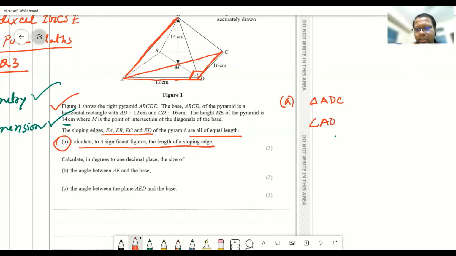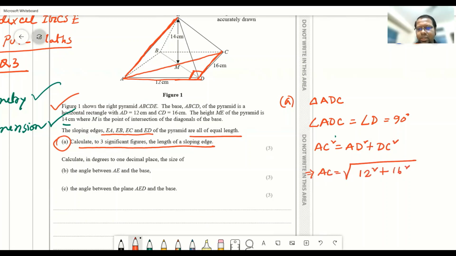So angle ADC, or only angle D, equals 90 degrees. So we can apply the Pythagoras theorem. AC squared equals AD squared plus DC squared. So AC equals root over, the value of AD is 12, DC is 16. If you solve it, the value of AC will be 20 centimeters.